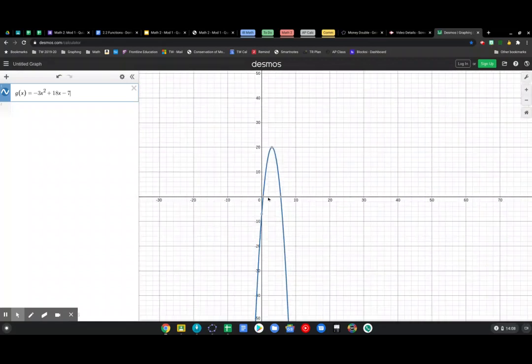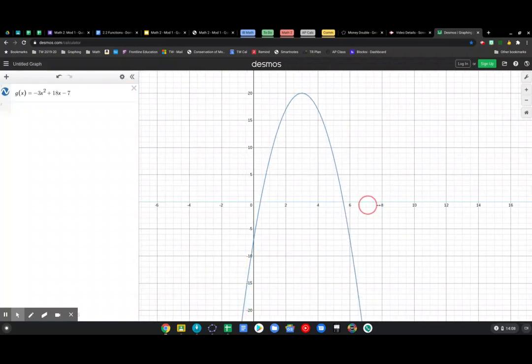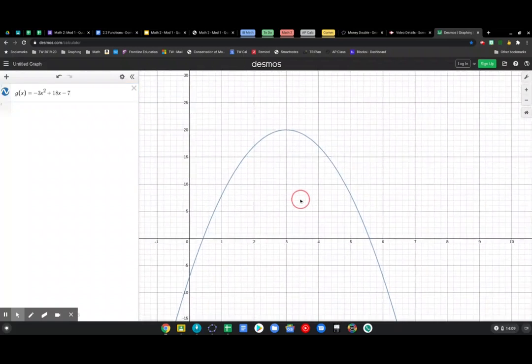And if it's getting too narrow, I can zoom in. If I want to stretch this out to get a better feel for it, make it look nice and pretty, then I'm good. And if I want to know the maximum, I can simply click here. And notice these 3 points, the points that we're always going to be asking you about, the zeros and the maximum right there.